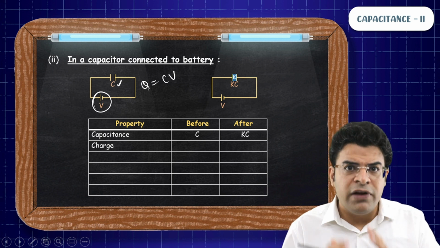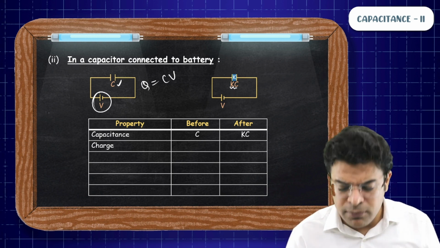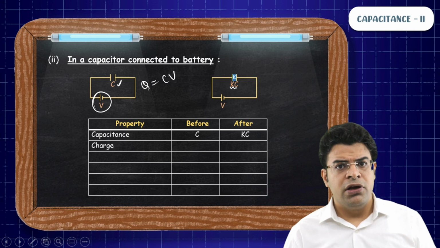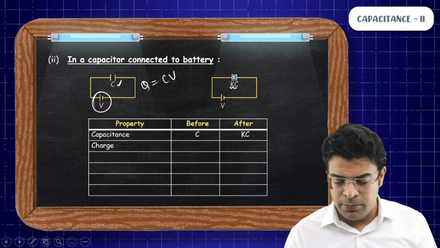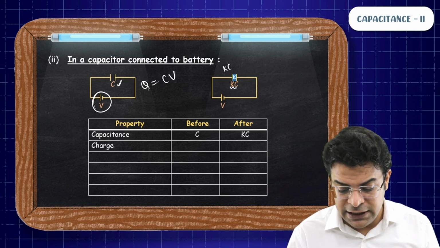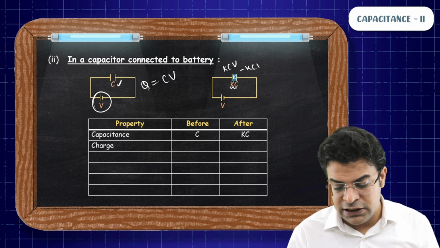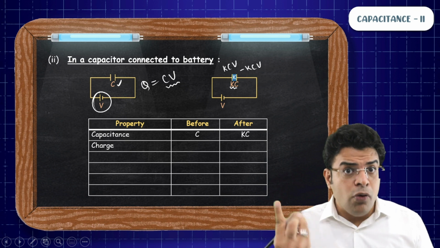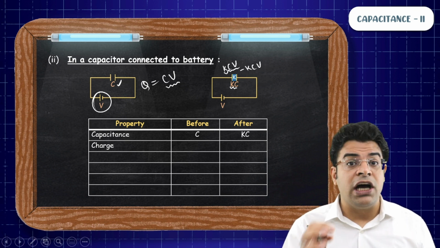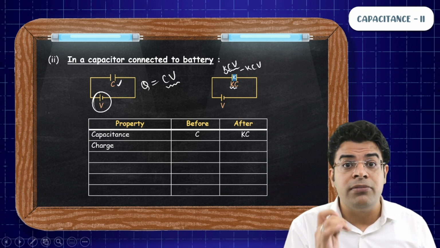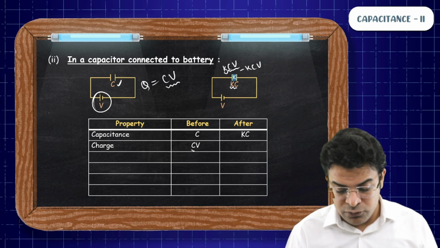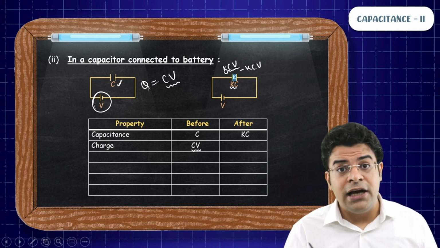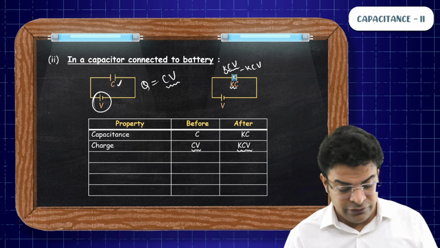And now when you have inserted a medium of dielectric constant K, the new charge on the capacitor plate will be the new capacitance KC into V, that is KCV. So the charge which was originally CV will now be equal to KCV. So the charge on the capacitor plate becomes K times. So the original charge was CV and the new charge will be KCV.